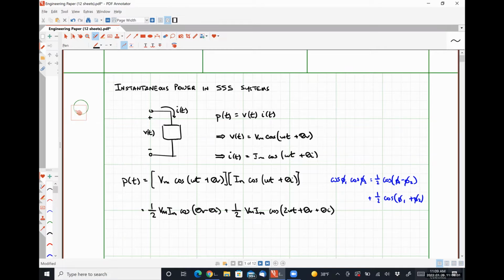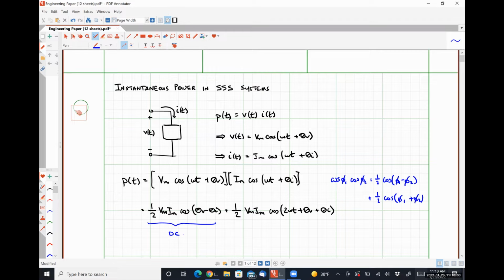Okay. We can see pretty easily, or at least I hope it's pretty easily, that this first part here is a DC contribution to the power because Vm and Im are both constant quantities, theta v and theta I are constant quantities, and so the cosine of a constant angle is literally just a number that ranges anywhere from +1 to -1.